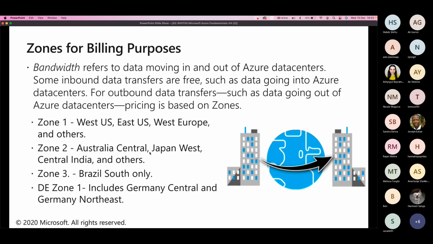So now, in terms of billing purposes and the zones that affect that, we've got bandwidth, naturally. This refers to data moving in and out of Azure data centers. You may have heard of bandwidth.